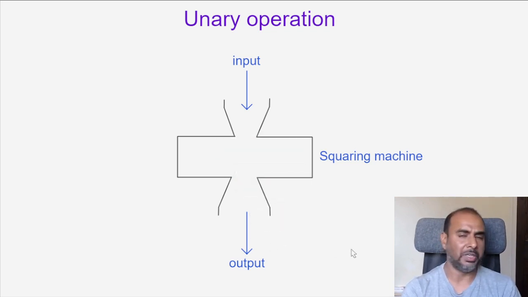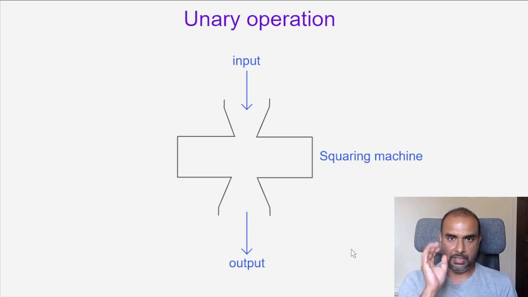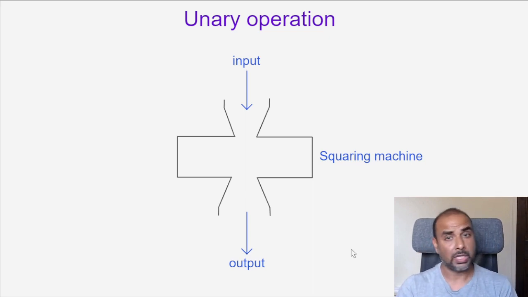And there are loads of other unary operations in mathematics later on. In secondary school especially, you will find in trigonometry the sine of an angle, cosine, tangent, etc. You can take logarithms, for example, so one input, one output.